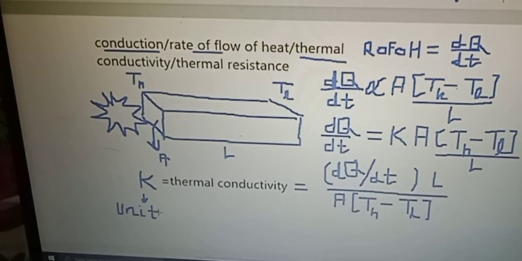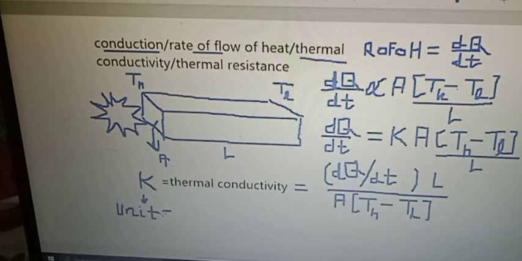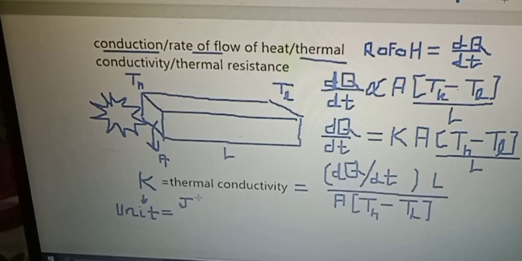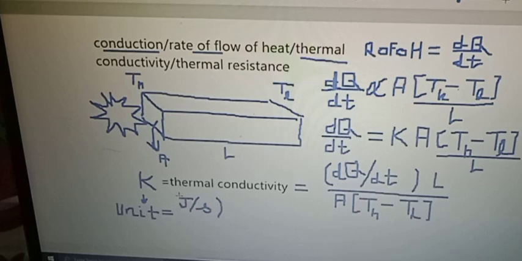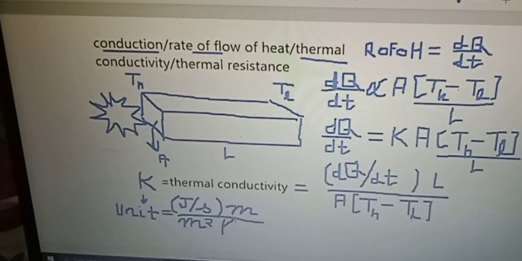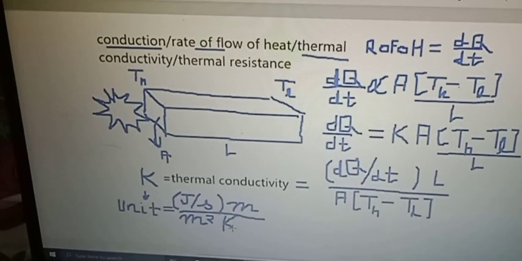Alright, so unit of K. Okay, we know Q is measured in joule. It is energy, actually heat is energy simply, per second, meter upon meter square. And for temperature there is Kelvin.